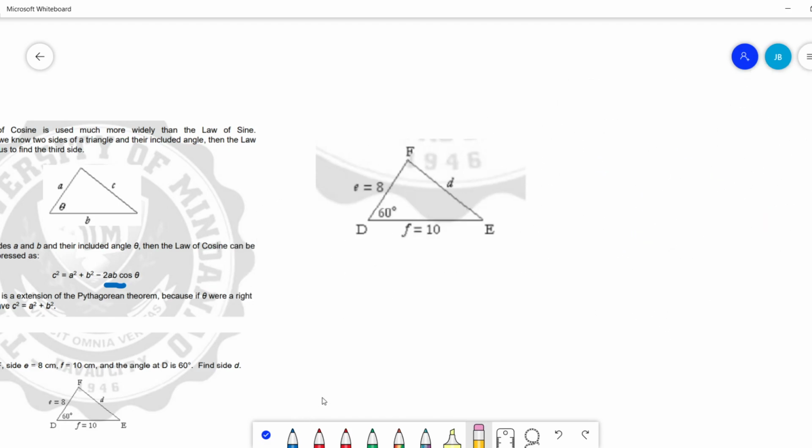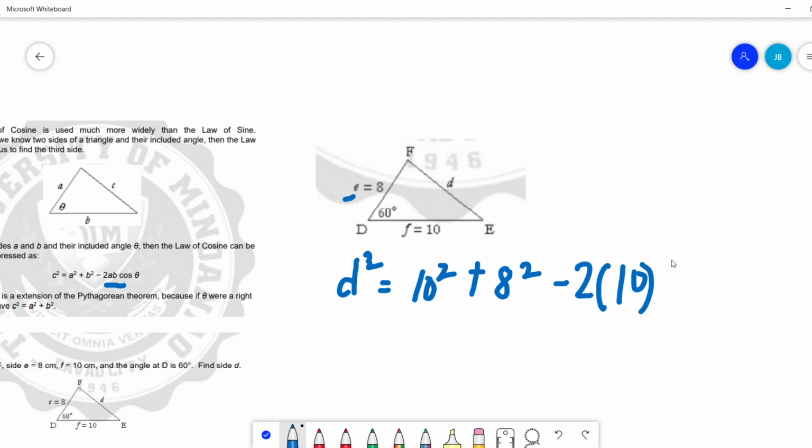Once again, in using the cosine law, we have a formula. Instead of c squared equal to a squared plus b squared, it uses the sides e, f, and d. So in getting the side d, d squared is equal to 10 squared plus 8 squared minus 2 times 10 times 8 cosine 60.